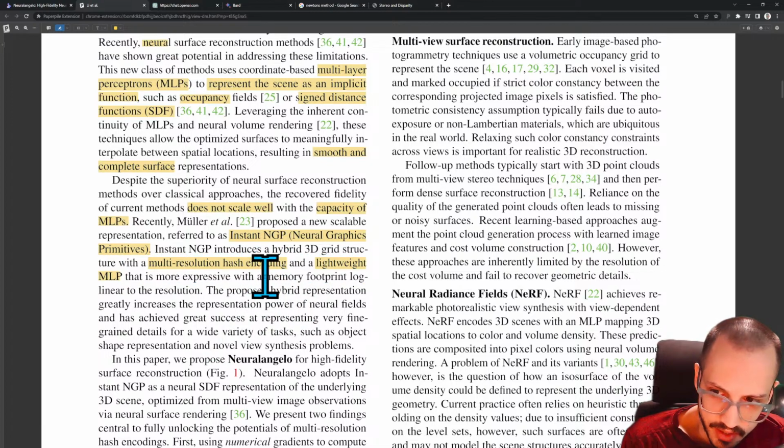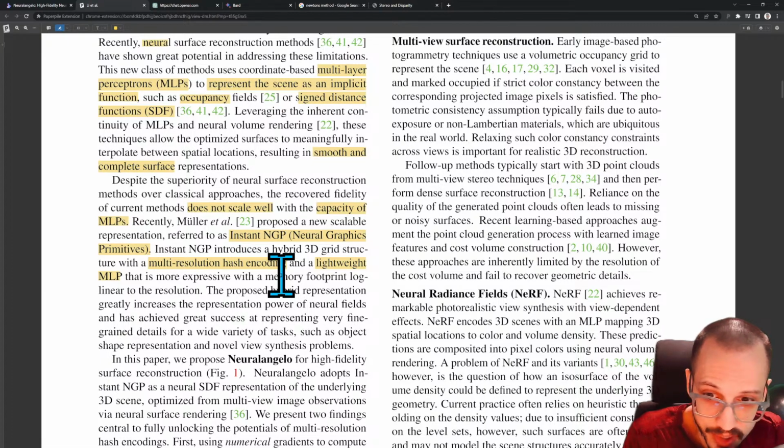So much like they said that it does not scale well with the capacity of the MLPs, the amount of inference you need to do for a NeRF is actually pretty huge, right? Especially if you have a lot of pixels, you have a big image. So keeping that multi-layer perceptron within the NeRF very small is important.